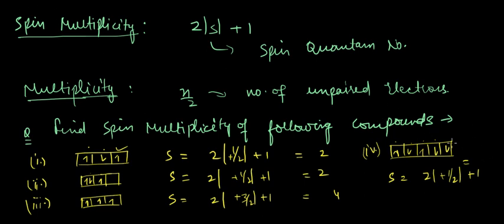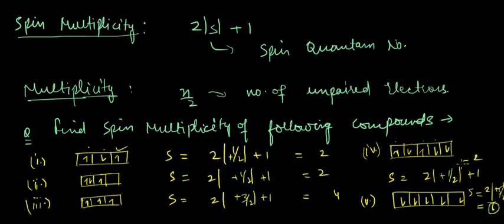Again, let's see another example. We have something like this. Here the spin multiplicity would be 1, 2, 3, 4, 5, so 2 into plus 5 by 2 plus 1, that would give us a spin multiplicity of 6.